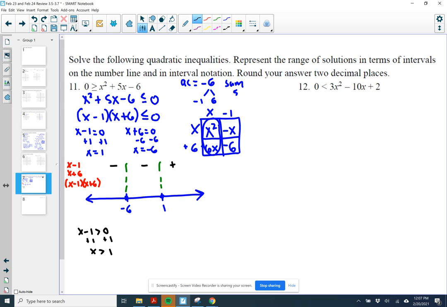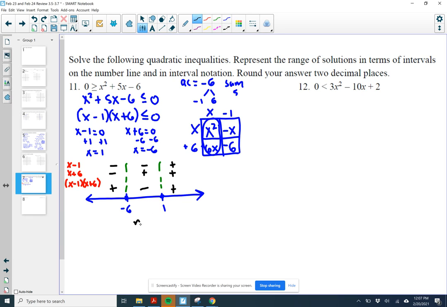Other than that, it's going to be negative. So we're going to do negative, negative, and then at x equals 1, that factor x minus 1 switches to a positive. X plus 6 is going to be negative until it gets to negative 6, and then it's going to switch to positive. The product: negative times negative is a positive. Negative times positive is a negative. And positive times positive is a positive.